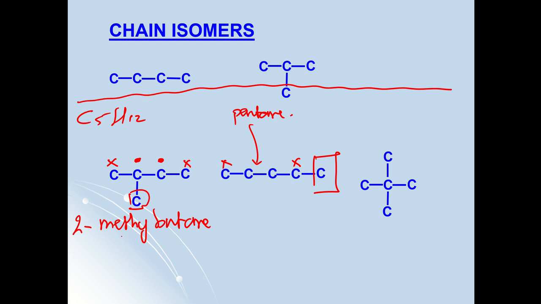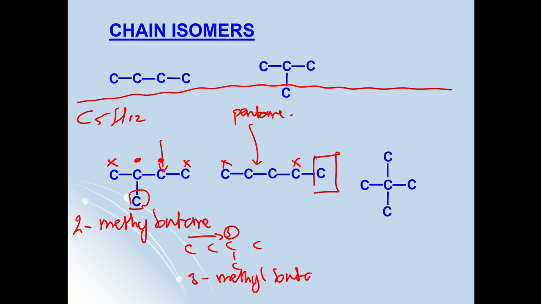Some people might write 2-methylbutane there. I can also put it on this carbon. Let's draw that out. Some people will draw that out and go, okay, there's 1, 2, so we've also got 3-methylbutane.